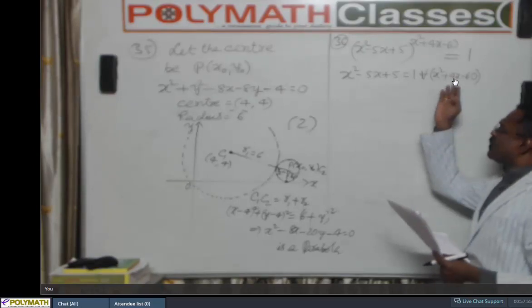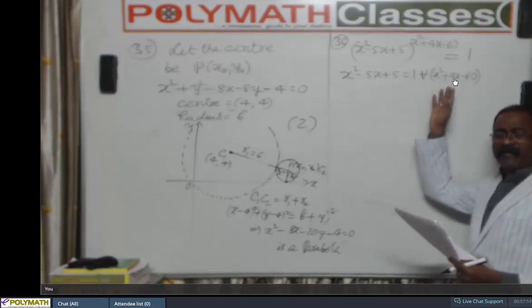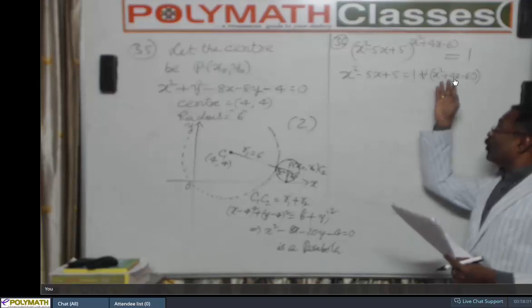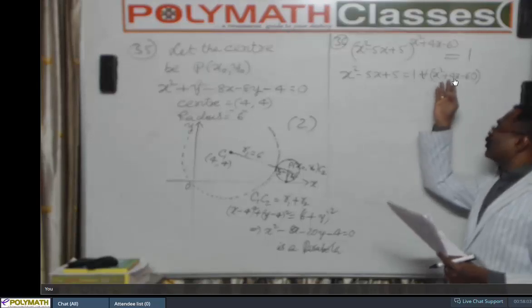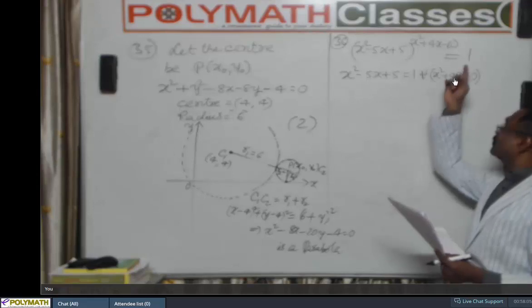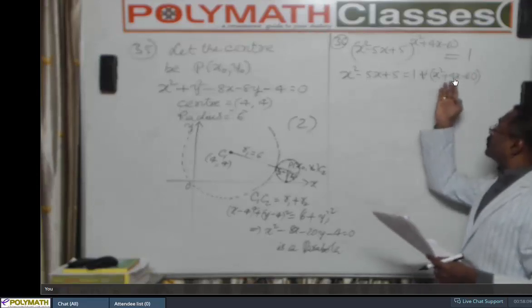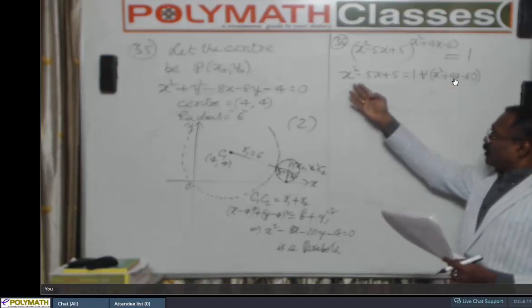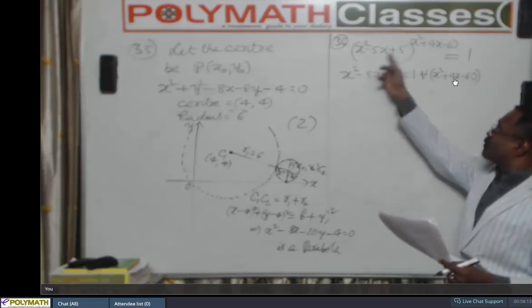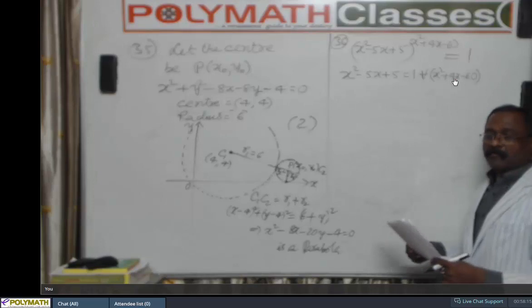It may be any value. Of course, you may be thinking it can be 1 power infinity, but we don't take the case of infinity here because it is already given to be 1. So for all values of the power, if the base is 1, it becomes 1 only. That is case 1.